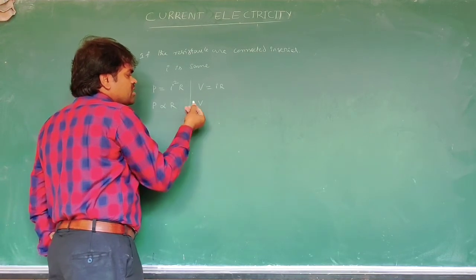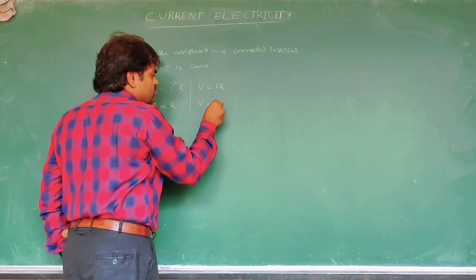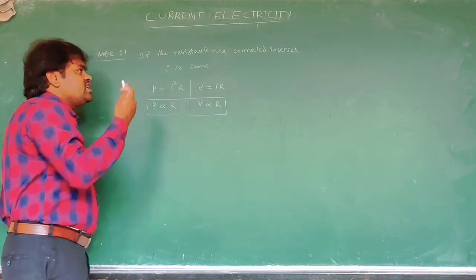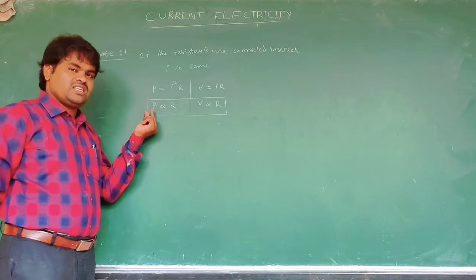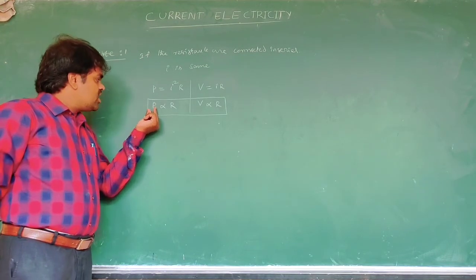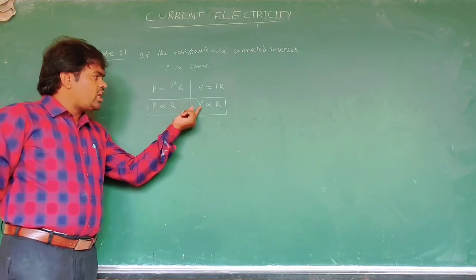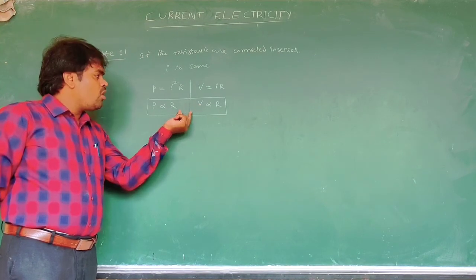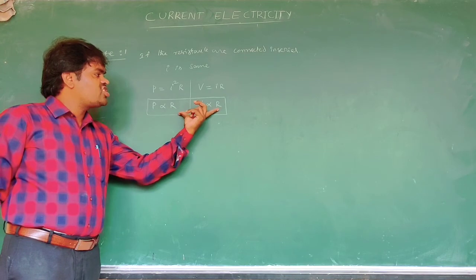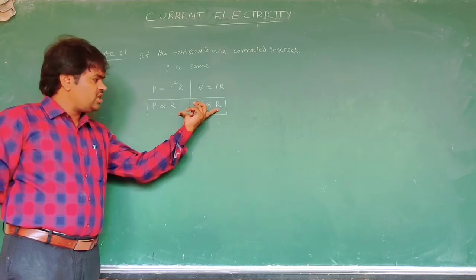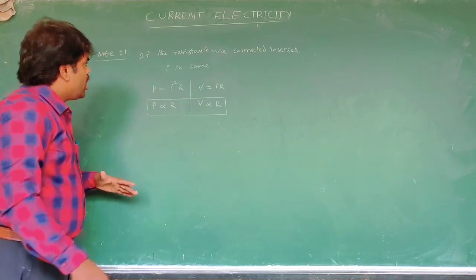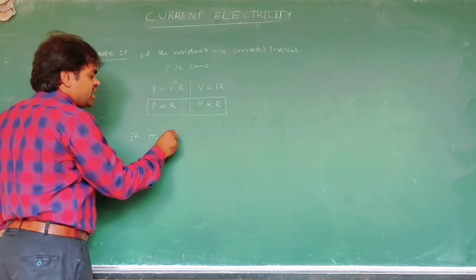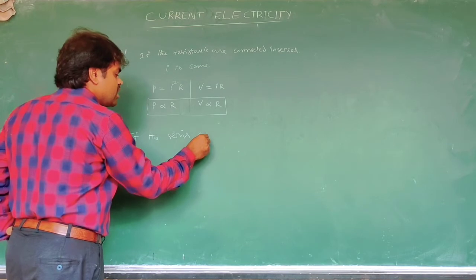That means V is proportional to R. You can see that if the resistances are connected in series, the power and voltage or potential consumed are more for the larger resistance.